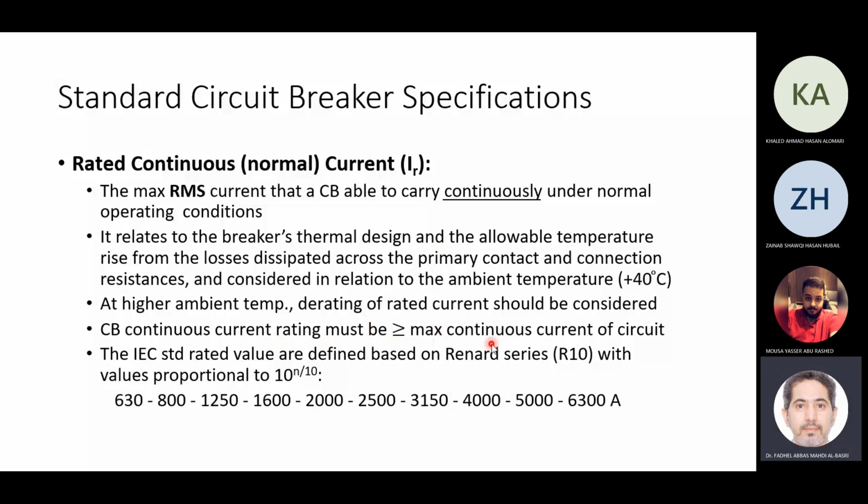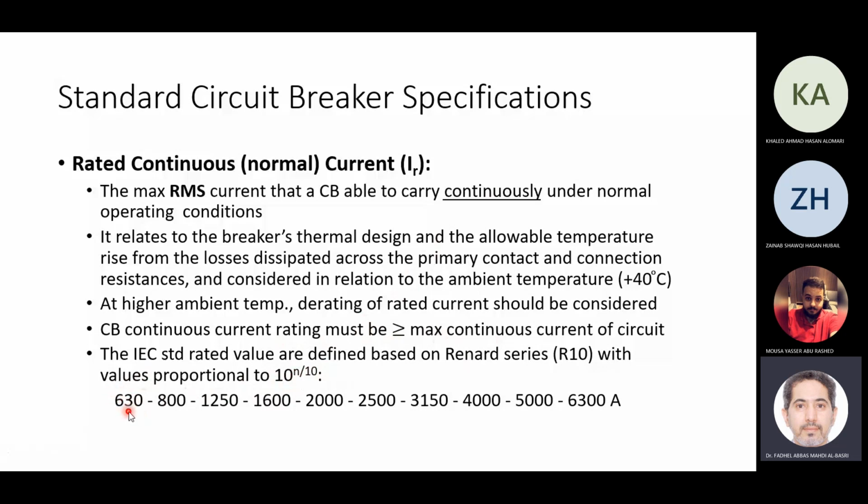As per IEC standards, the rated currents are usually not every ampere value; they are standard values, like 630, 800. You don't have, let's say, 550. They have 1,600. The value between each two is a factor of 1.25, roughly a series of 10 to the power n over 10.